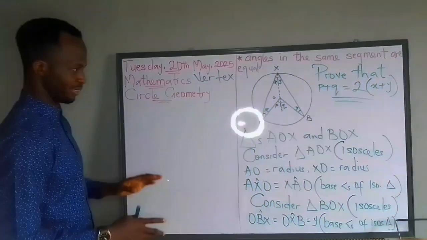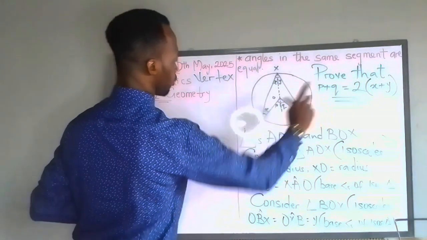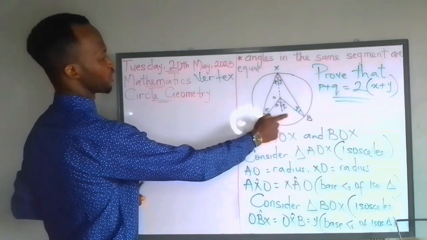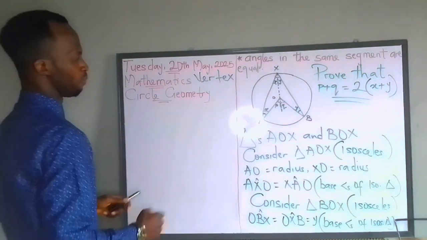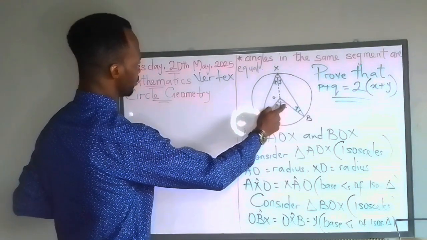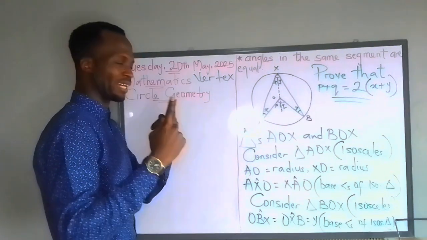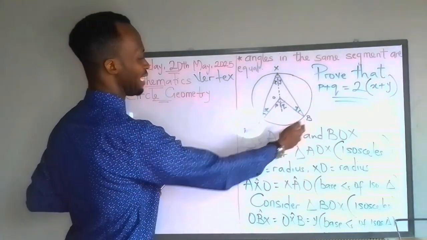Now, look at this. With all that we have done, this is what we want to prove. We want to prove that P plus Q is 2 times x plus y. But then how do we go about that? Note that P and Q, both of them together, are the angles subtended at the center of the circle by arc AB.